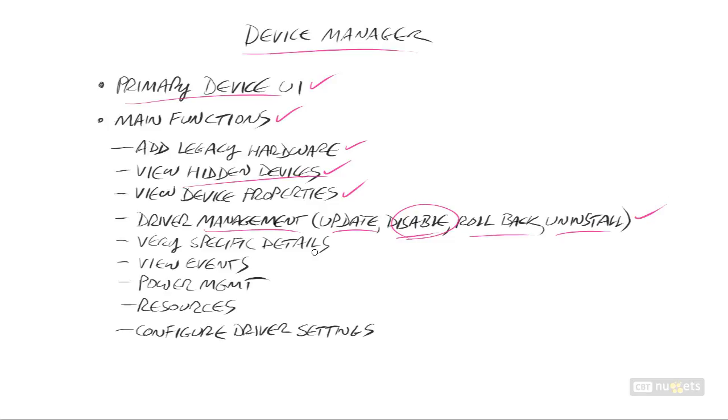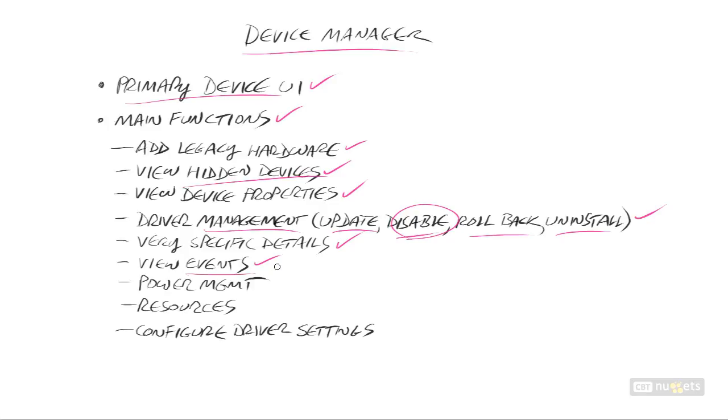And again, you can use Device Manager for that. You can look at very specific details of your devices as well, such as identifying the hardware ID. And this is new with Windows 8, you can view events related to that specific device. This might be very useful if it's causing error messages to come up or something like that, or causing some kind of a conflict.